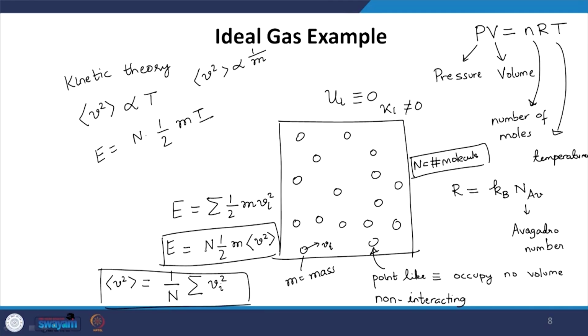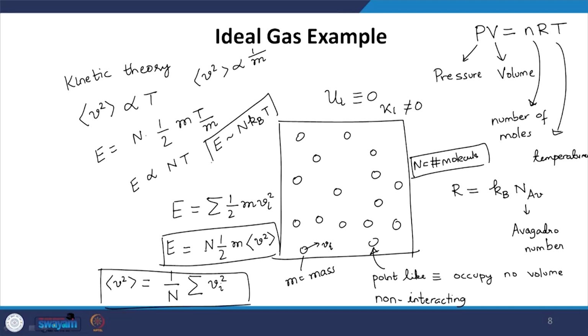So, we should have something like that here, and that pretty much gives you E being proportional to N multiplied by T, and again the constant happens to be the Boltzmann constant. So, E happens to be N multiplied by kBT.